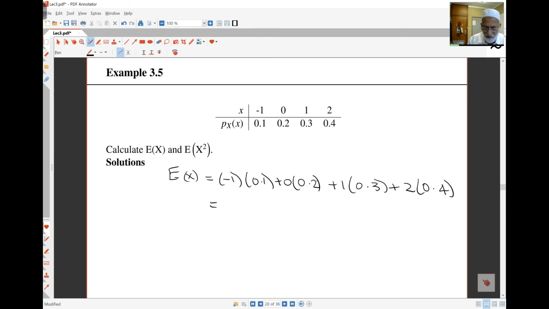I'm making some errors today. So that's -0.1, that's a 0, 0.3 plus 0.8, so that comes to 1.